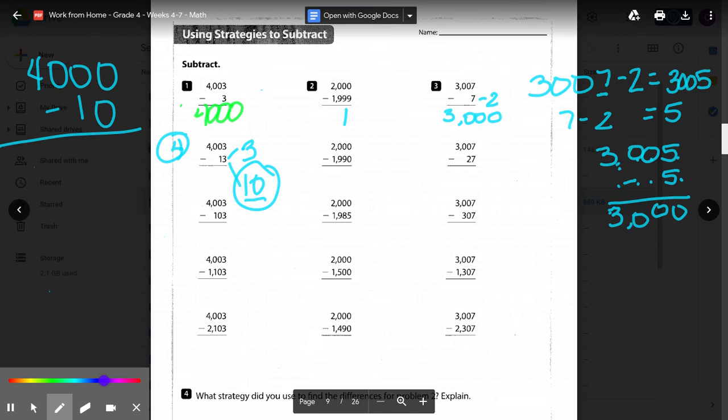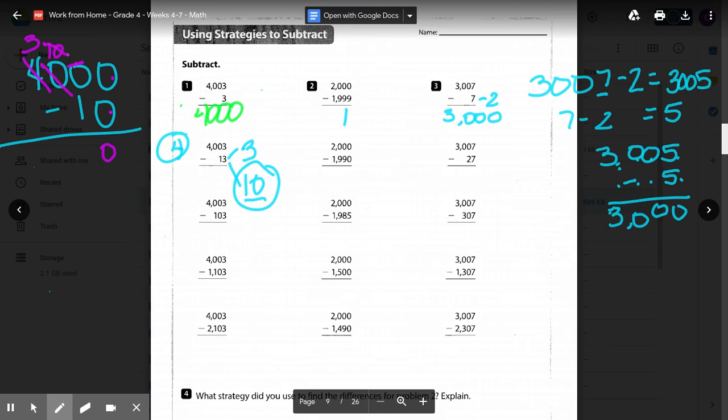When I'm borrowing, remember you have to borrow from the left, so we are always going to start at the right. So 0 minus 0 is 0. 0 minus 1, I can't do because 0 is not bigger than 1. So I'll have to go next door to see if I can borrow some. Next door doesn't have any either, so then I'll have to go to the next door. So I'm going to change this to a 3 because I'm borrowing 1. This then gets changed to a 10, but I still need to take some over here.